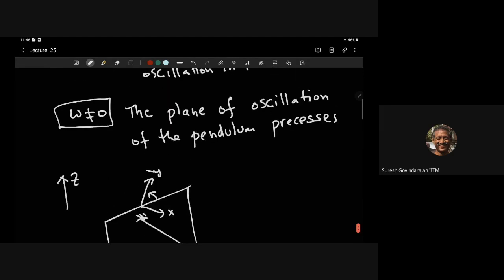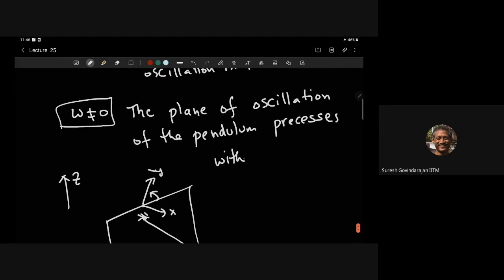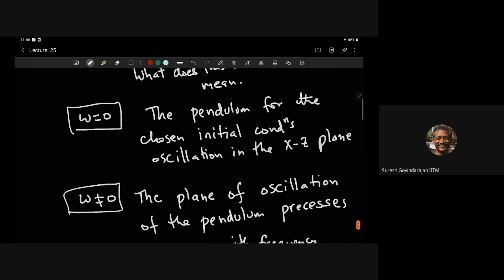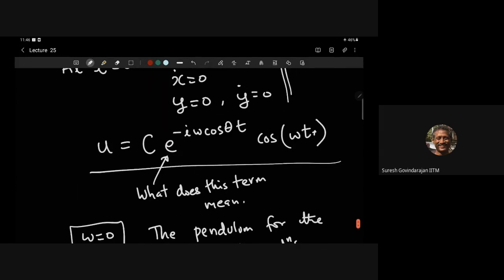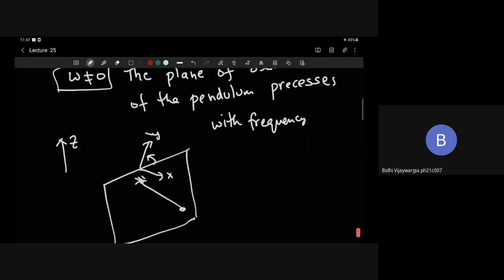That means this plane will start rotating with frequency. With what frequency? Anybody? Omega cos theta. Which is also omega sine latitude.